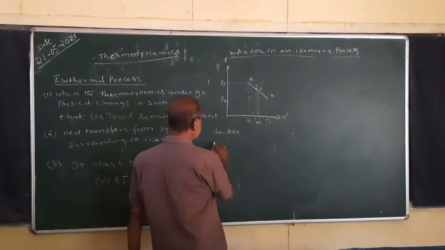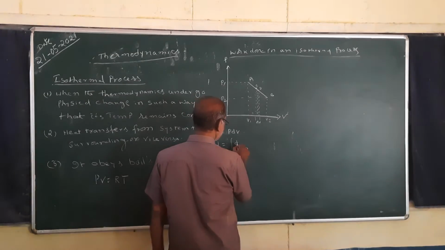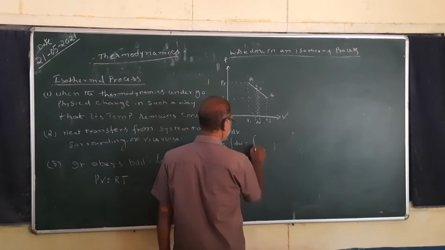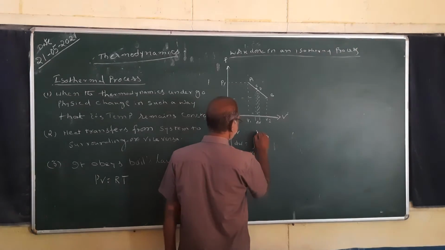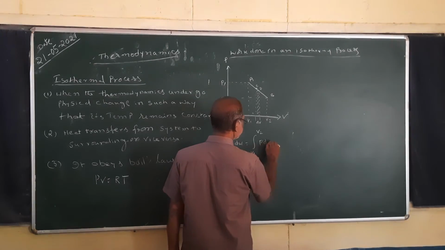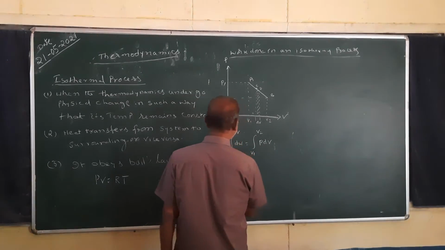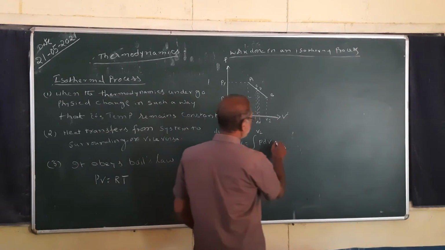So the total work done, W is equal to integral dW, which is equal to integral from V1 to V2 of P dV. This is equation 1.